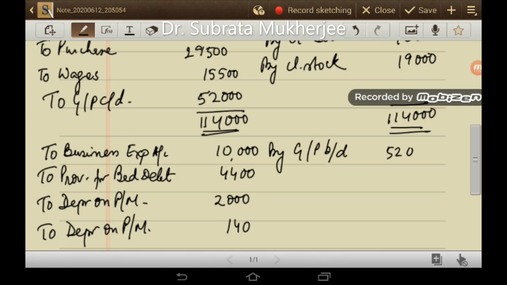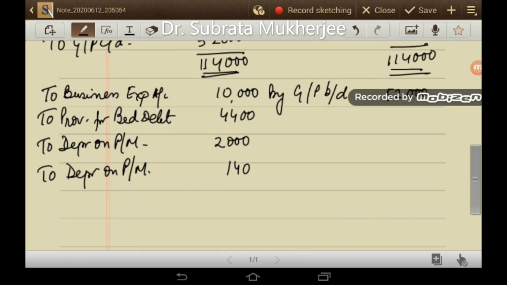And on the debit side of your PL account, there are 4 items: business expense 10,000, provision for bad debt 4,400, then depreciation on plant and machinery 2,000, and depreciation on furniture and fittings 140, and the balancing figure is your net profit, that is 35,460.